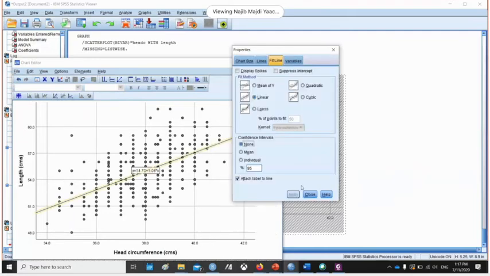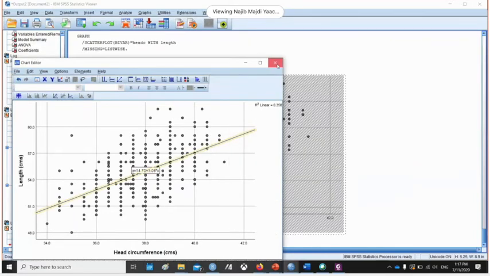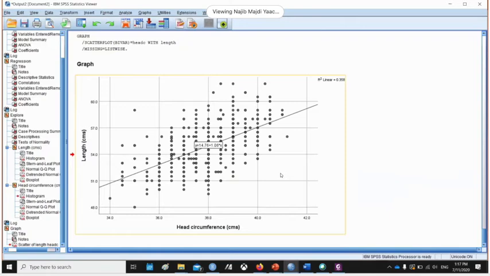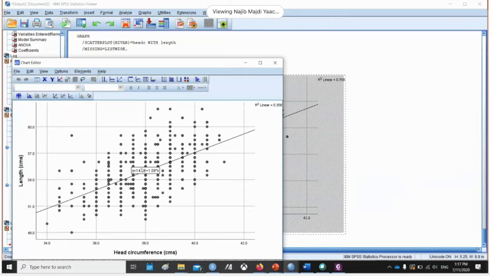Add fit line. By adding a fit line, we call it the regression line, and then we have the regression equation.